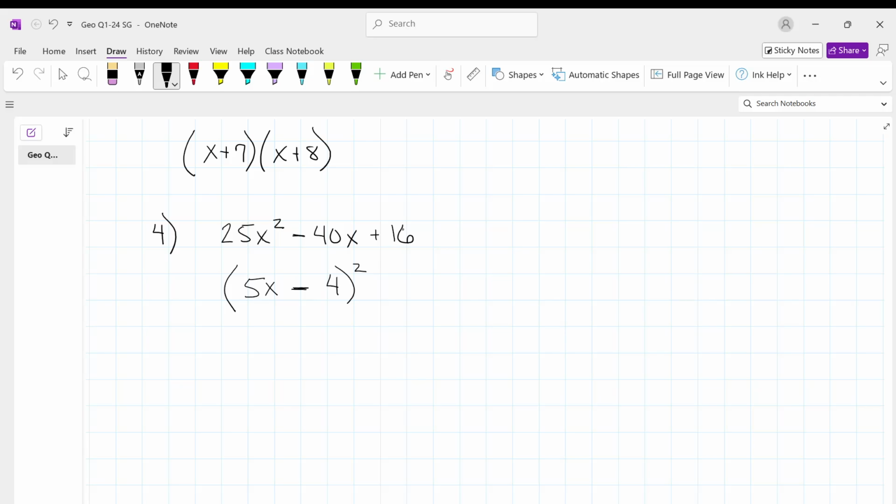The last term is a perfect square, so its square root is your other factor. And if the middle term is negative, then this is negative. If this was 25x squared plus 40x plus 16, then what you would have was 5x plus 4 squared. All right, perfect square trinomial.